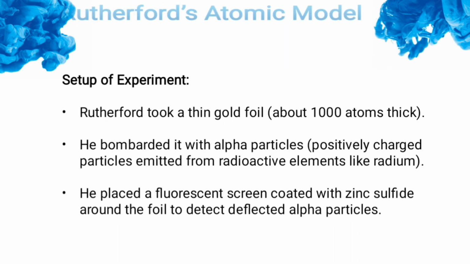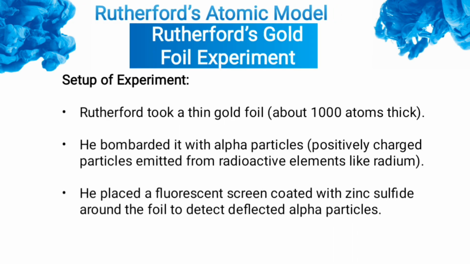Now, Rutherford's gold foil experiment setup. Rutherford took a thin gold foil about 1,000 atoms thick. He bombarded it with alpha particles, positively charged particles emitted from a radioactive element like radium.